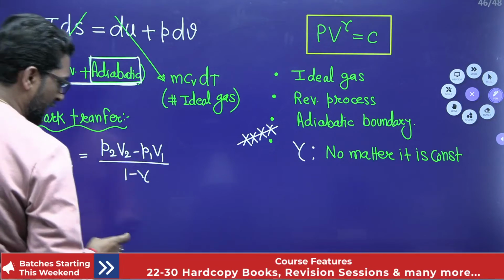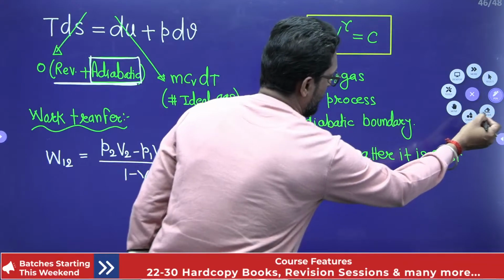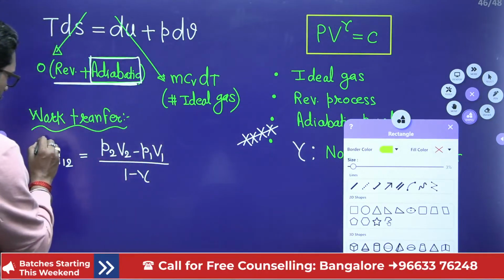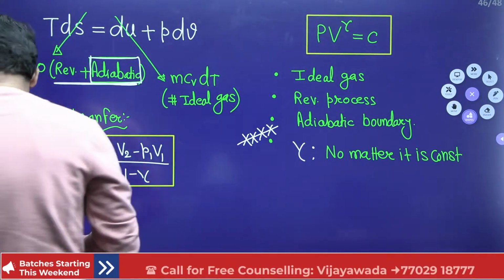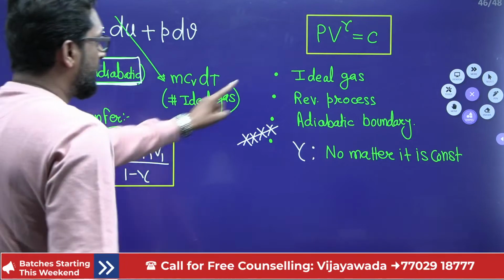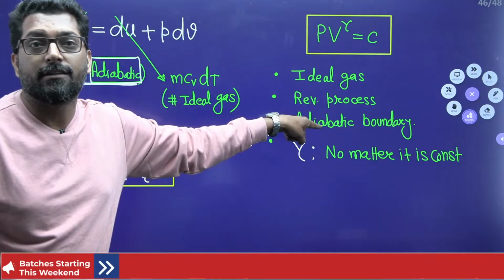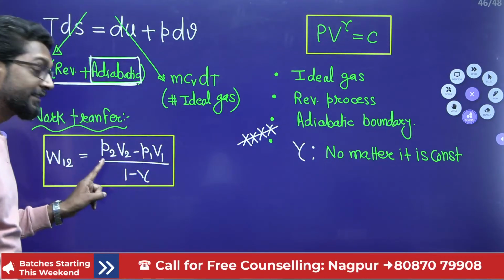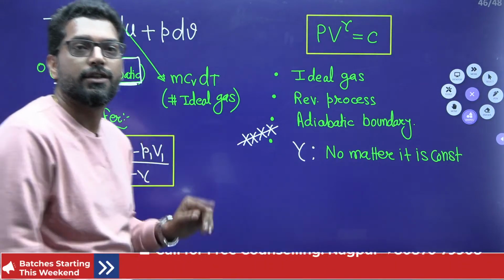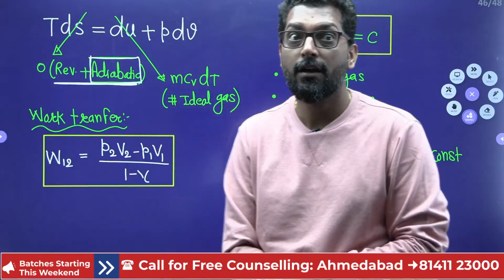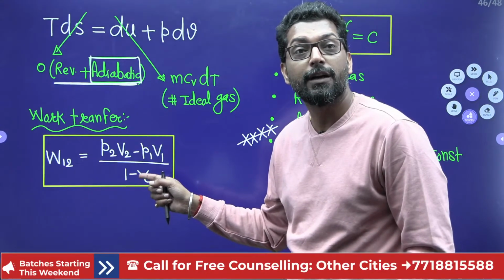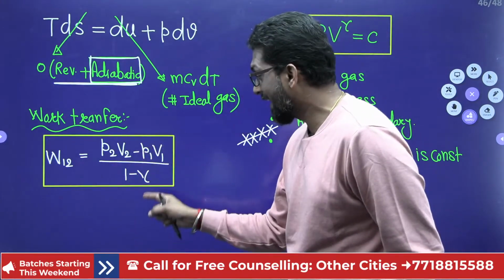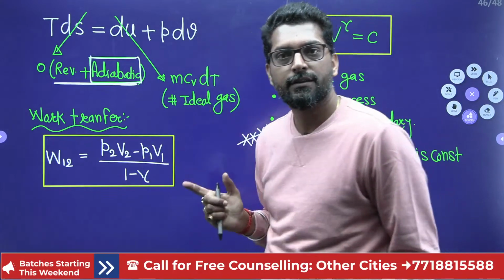Now, my dear, this is a very important observation. We can derive this equation for the reversible adiabatic, but this is applicable for any process, either reversible or irreversible. This is very important, I am telling you. And in this case, gamma is constant.